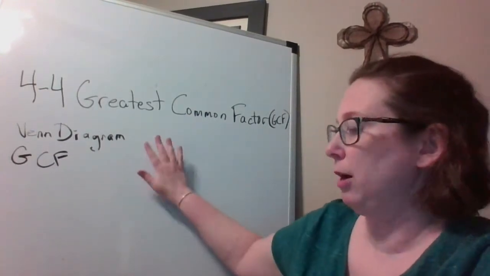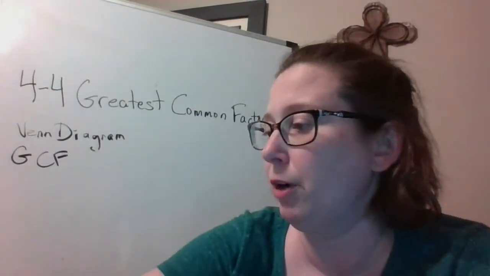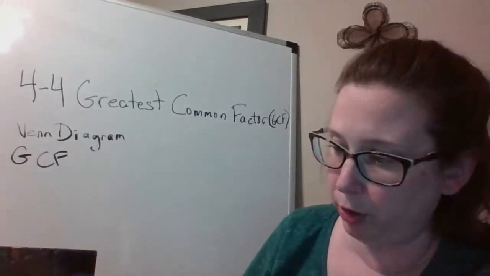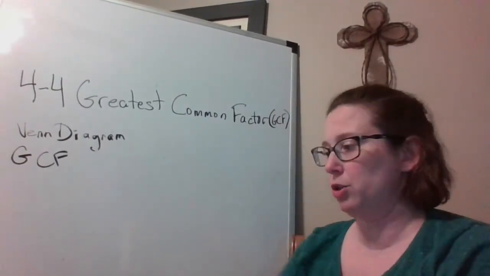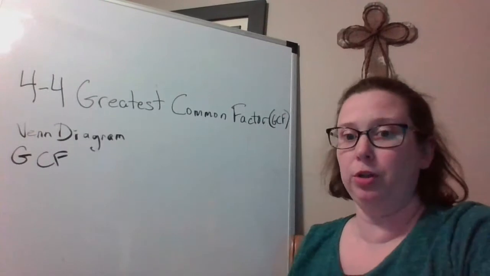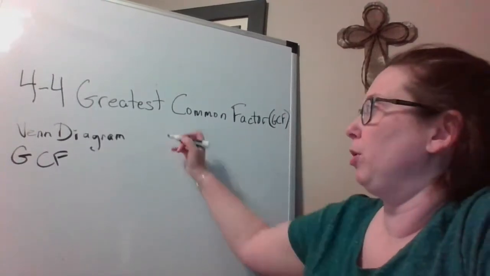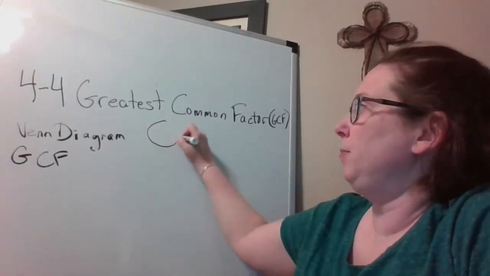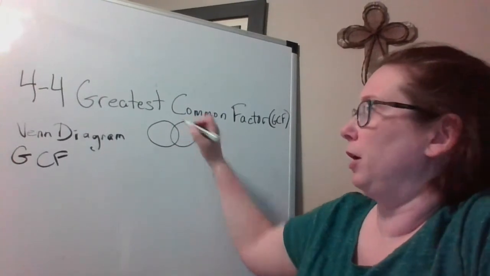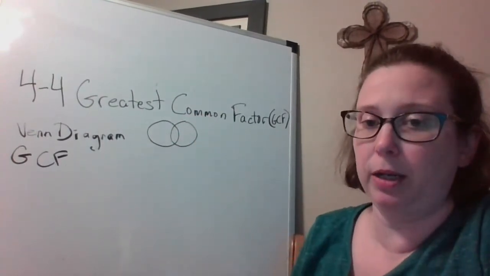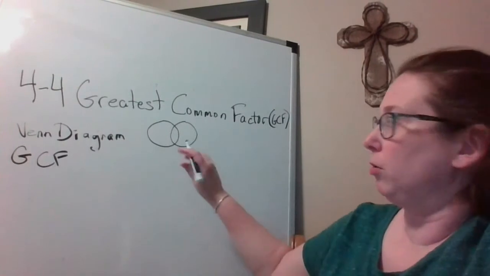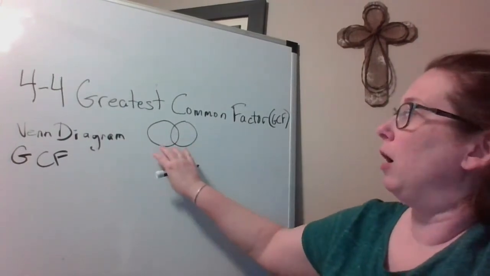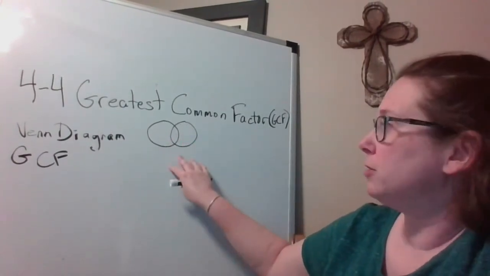Our vocab words, Venn diagram is one that I'm sure you have seen in English class, but I'm not so sure you have thought about it in math before. So a Venn diagram in math is going to look very much like a Venn diagram in English or literature would look. You've probably seen them in science class too.